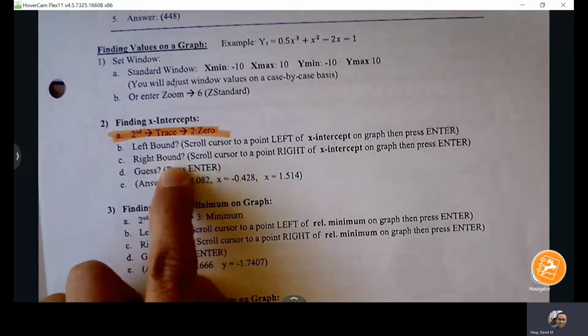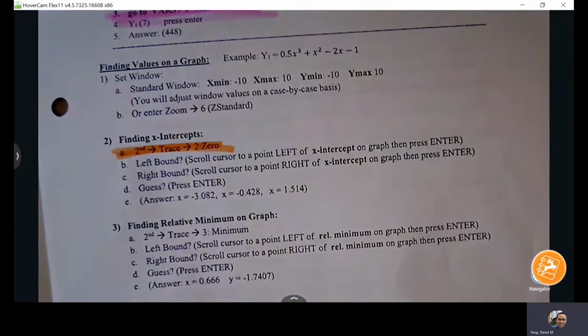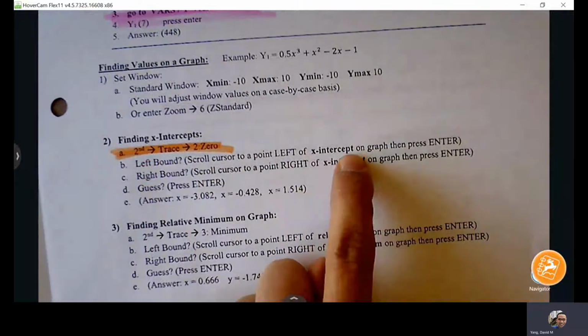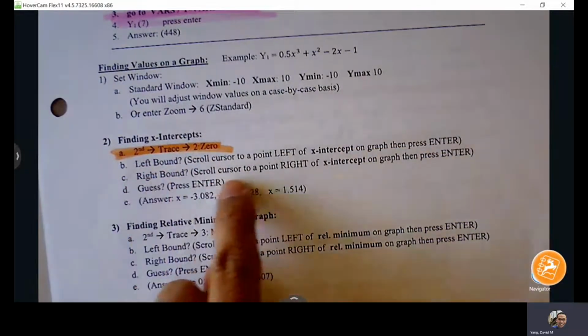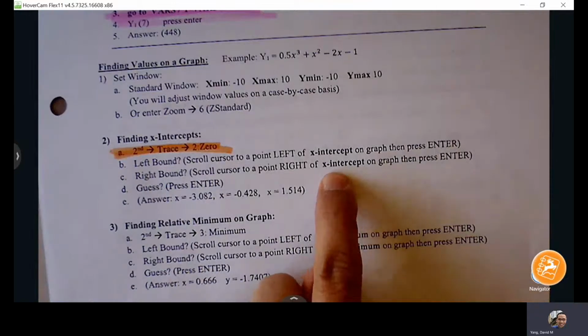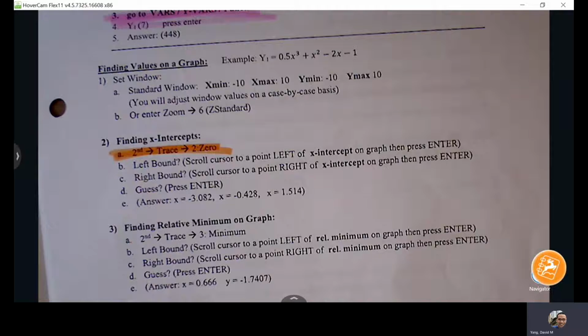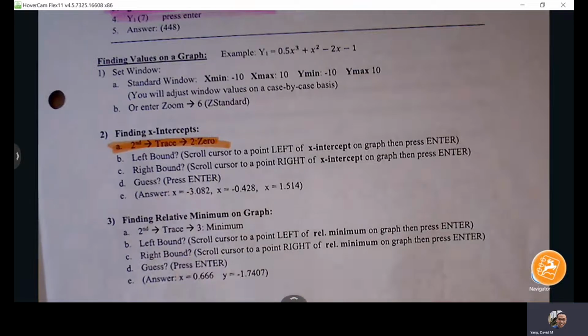You're going to make the calculator find that x-intercept for you. So as you move your cursor, you're going to start off by moving the cursor to the left of the x-intercept, hit enter. Then you'll move over to a point on the right of the x-intercept, hit enter. And then the calculator will now know, okay, you want me to look between these 2 points. It's going to look between those 2 points that you gave it, and it's going to look for the x-intercept on its own. Okay, so let's try that.